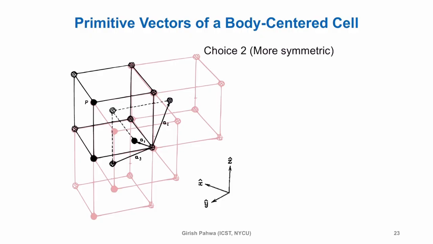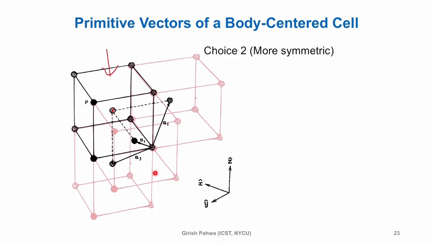So what I have done here is, so you saw this cell, right? It has this body centered point and all the other points here. Now let me draw another BCC cell here in front of this and at the bottom of this. So 3 neighboring cells I have drawn.